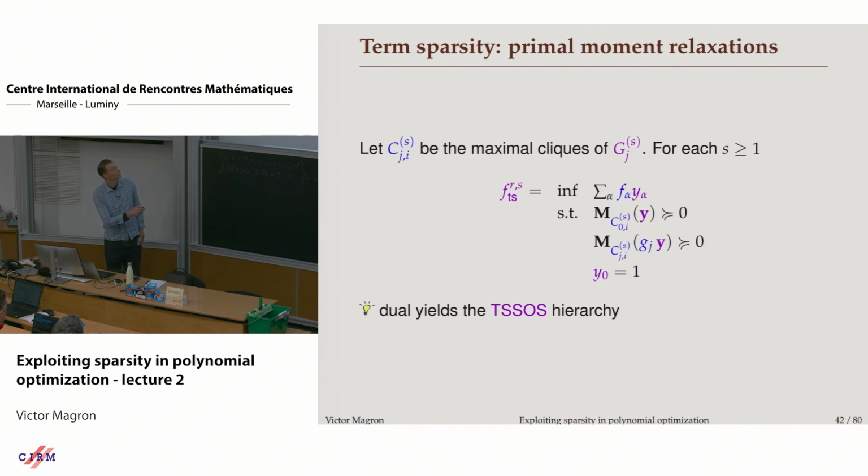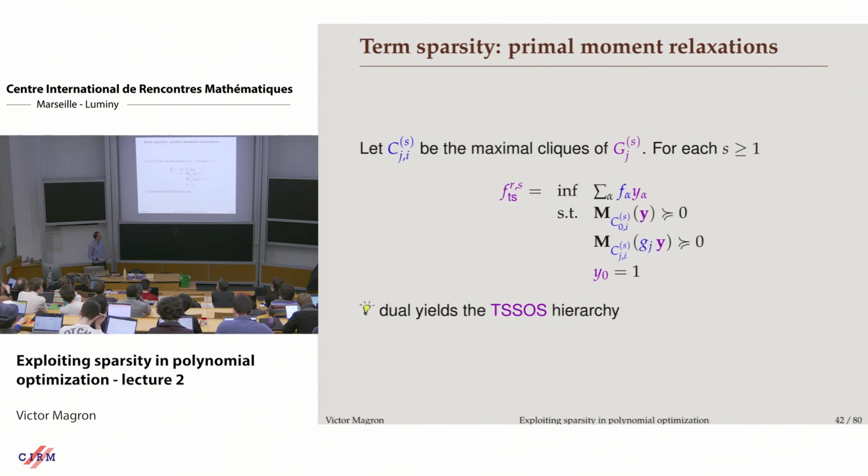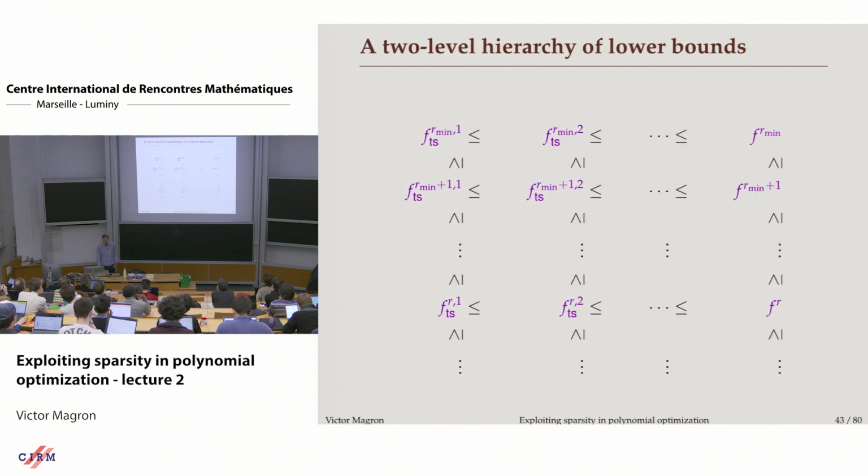So here you have the pseudo-moment constraint, and here you have the localizing constraint. And if you look at the dual of that, it's the so-called TSOS hierarchy, term sparsity sums of squares. Okay, and it's a two-level hierarchy. So what does it mean? Here it's the first thing that I showed you before with the first graph at the minimum degree.